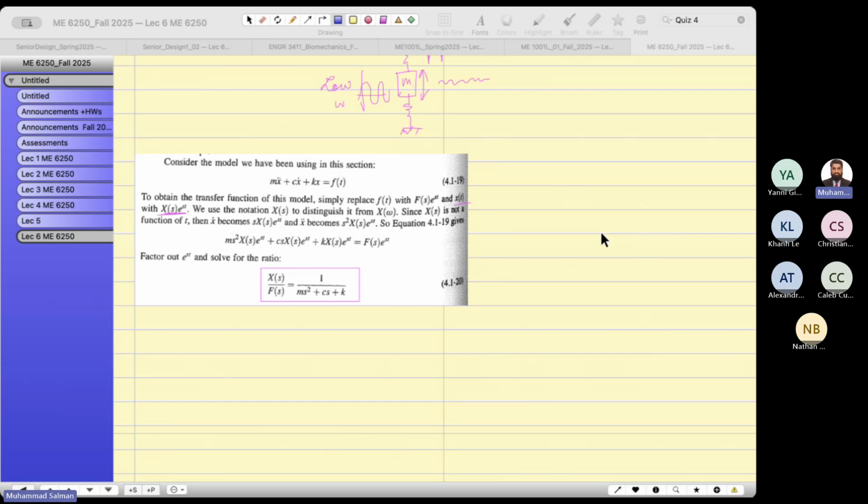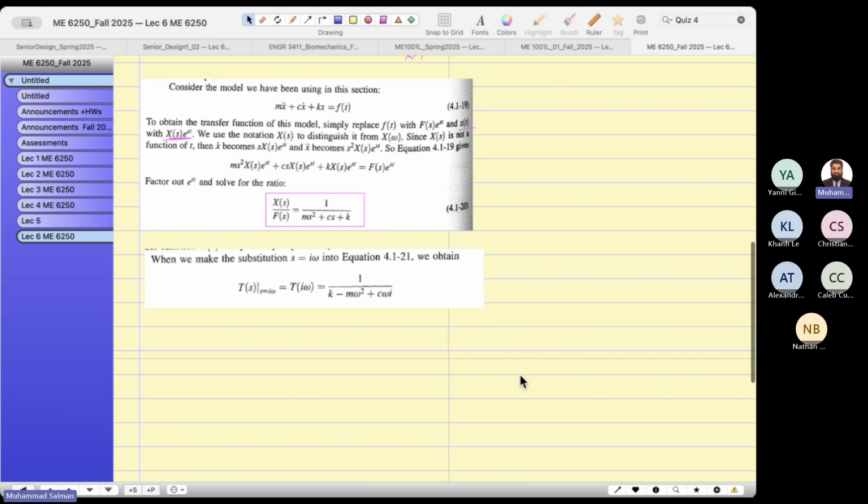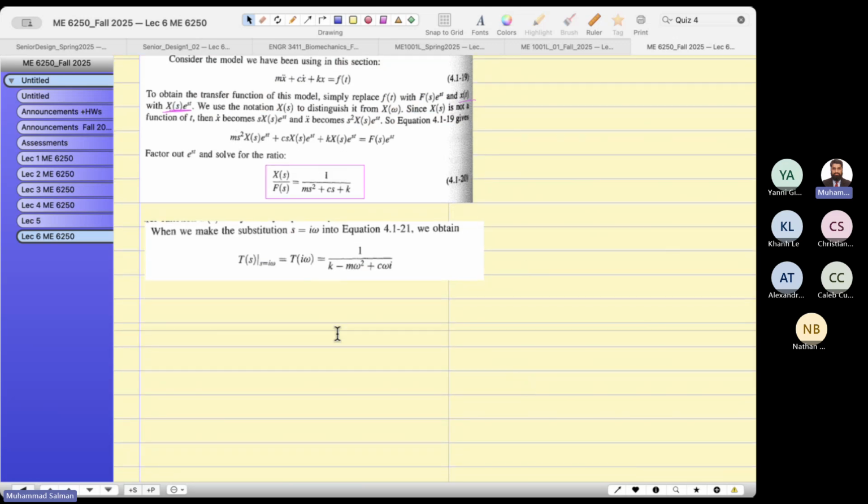Now from Laplace domain, we have to go to the frequency domain by replacing S by i omega or j omega. It doesn't matter either way. This is an imaginary function. So then you have to take the magnitude. How do you take the magnitude of this function? So let me show you over here. This is like a real component.